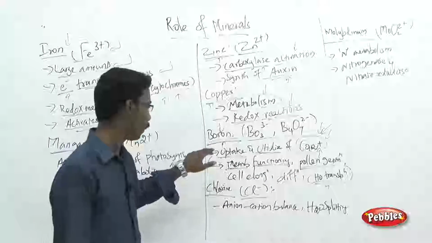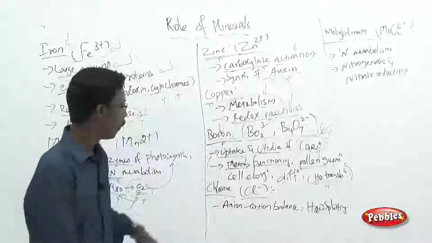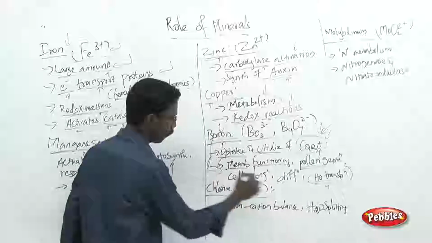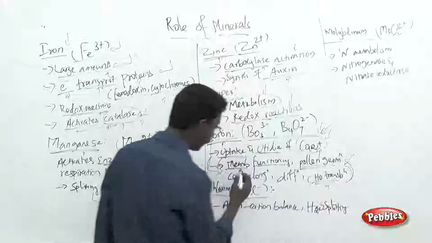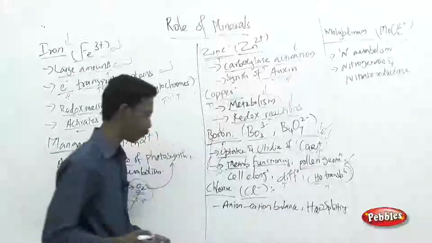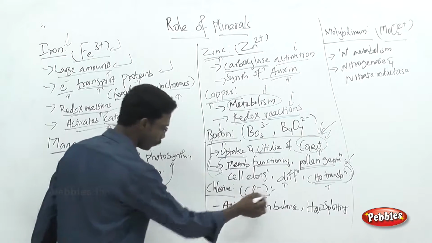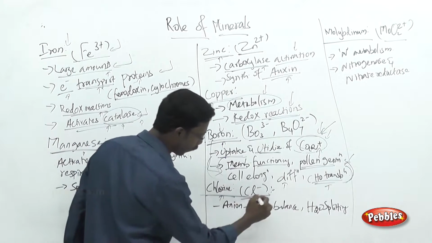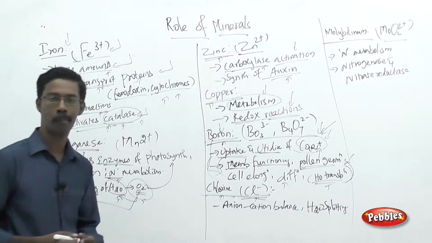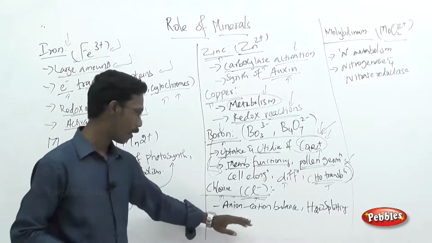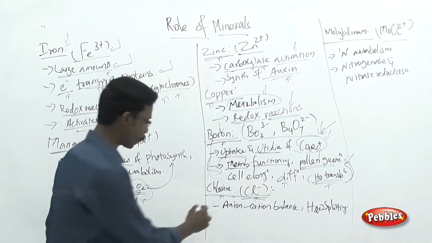So boron's presence will affect these functions in the plant cell. The next element we are going to see is chlorine, which will be absorbed as the chloride ion, Cl-, in the plant. They are the major component of the osmotic balance.